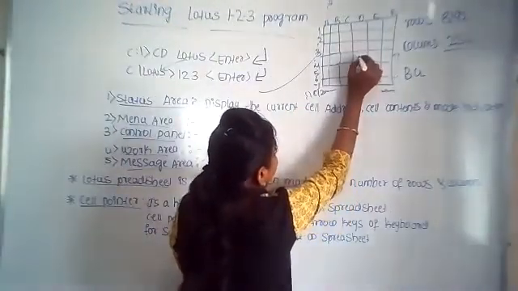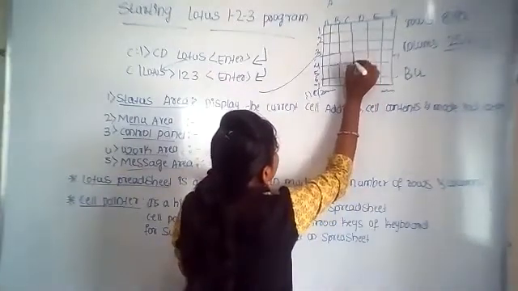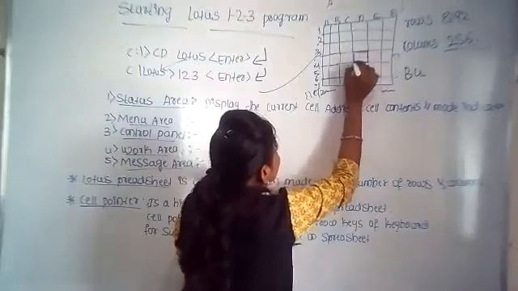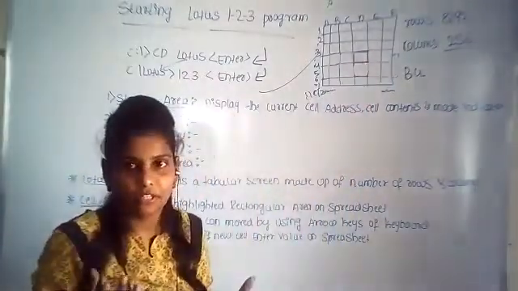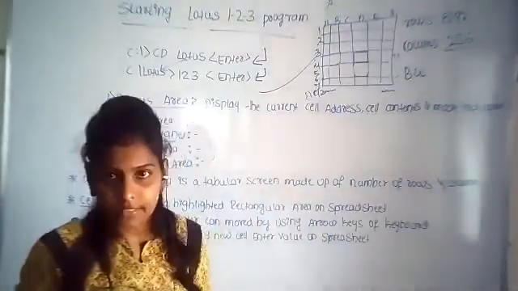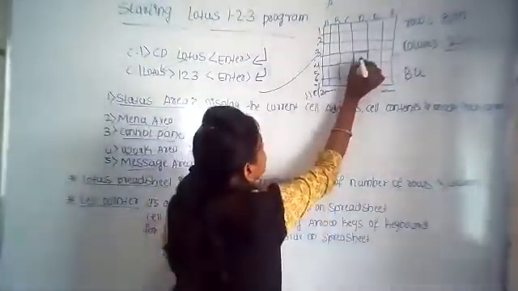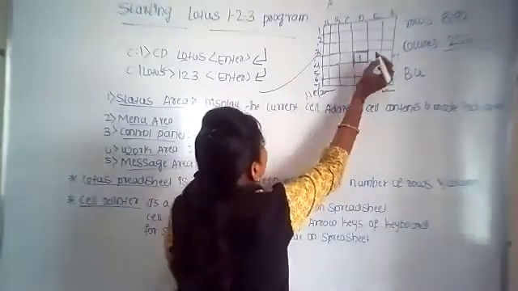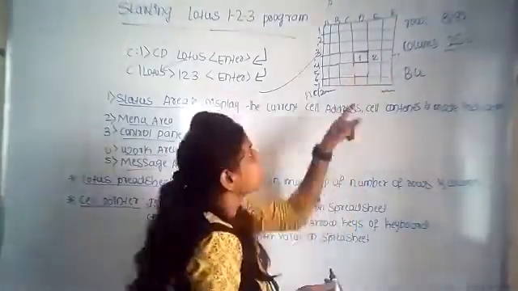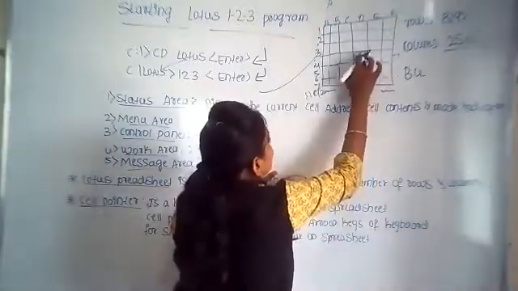If suppose I click here, this cell is the active cell. Means this cell is ready to take the information. Means this cell is ready to take data. Means if you enter here, you can enter 1, here you can enter 2. Means this is called a highlighted area.